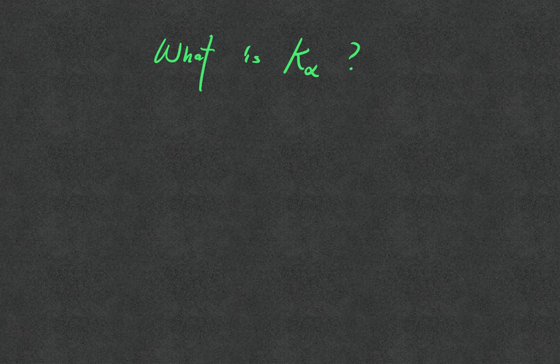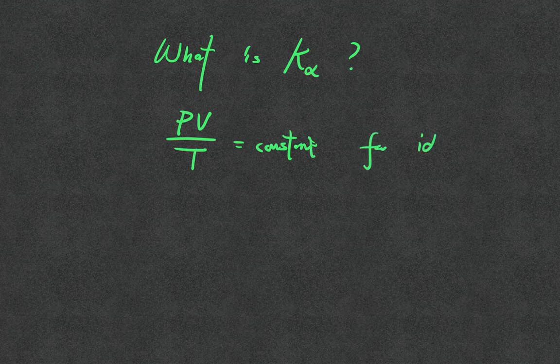Let's go back to the previous ideal gas lecture. If you remember, for ideal gas, PV divided by T is constant. Most of the things we deal with are not gas, or they may not be ideal gas.